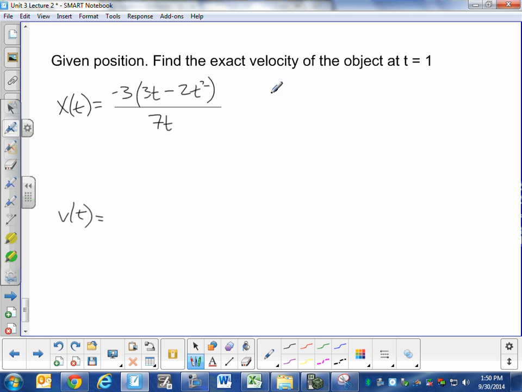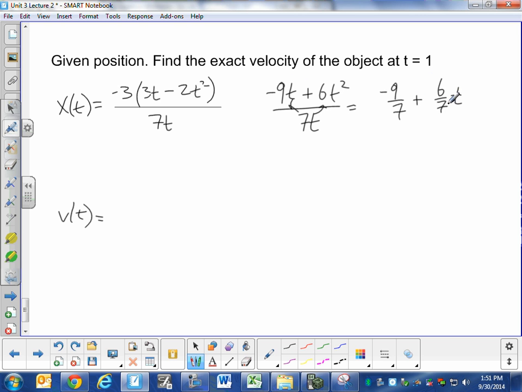But while you were doing this, I would be like, well, look at this. We got negative 9t plus 6t squared over 7t. And I can divide both of these, because I just have one term at the bottom. I get negative 9/7 plus 6/7 t.